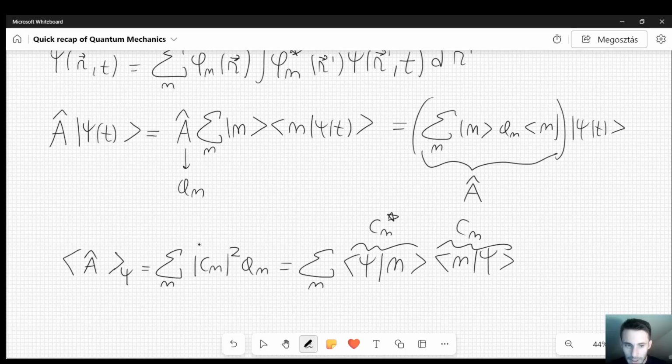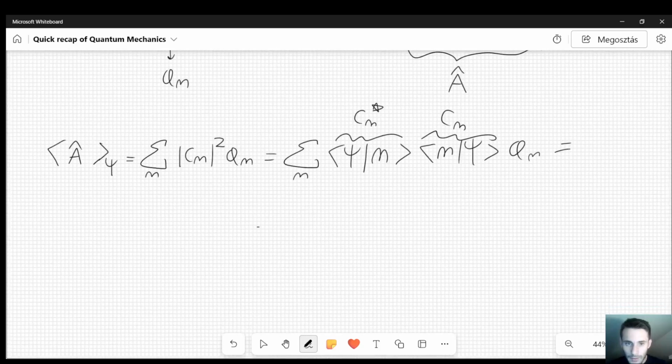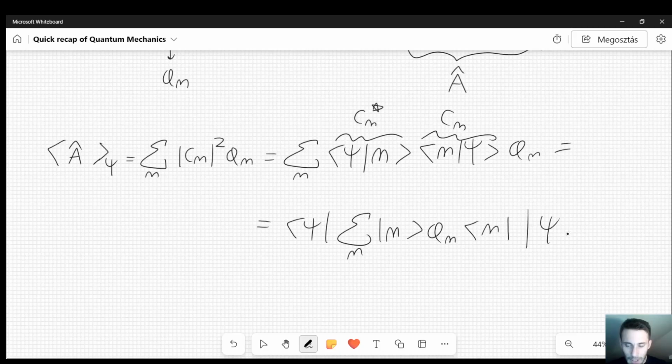So this would be c sub n mod squared, A sub n, and this can also be rewritten in the following fashion: psi, summation over n, A sub n, psi. And what we have in here is just A.